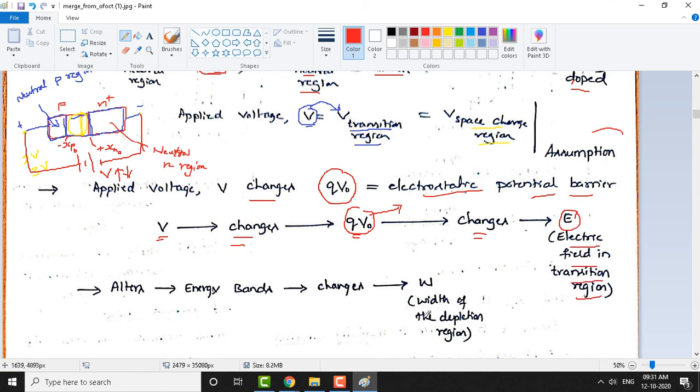When the electric field alters, the energy bands also change, and when the energy band changes, the width of the depletion region also changes. So the applied voltage is correlated with the electrostatic potential barrier, electric field, energy band, and the depletion width.